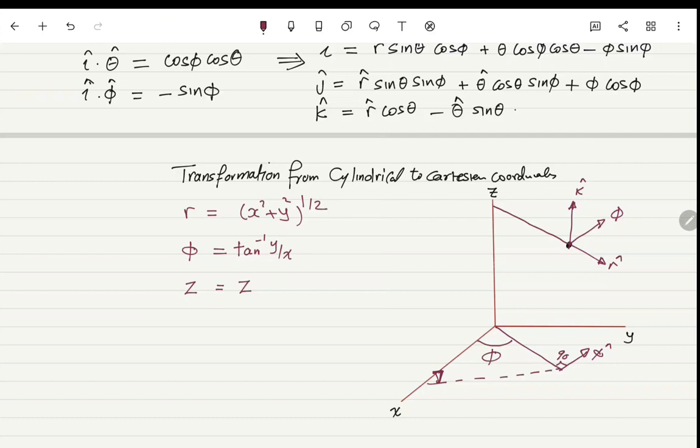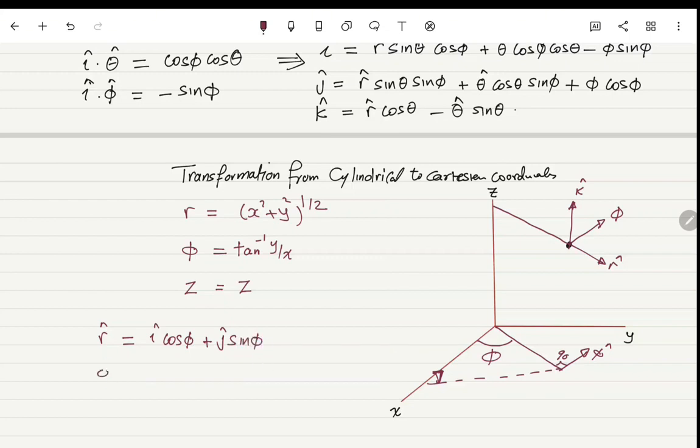Now to find the unit vectors r hat, phi hat, and k hat from cylindrical to Cartesian, r hat here is equal to, this is r hat right here, it has x component with the x, so i hat cosine phi, and it has y component plus j hat sine phi.